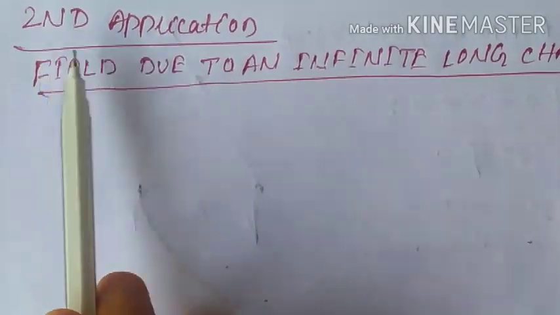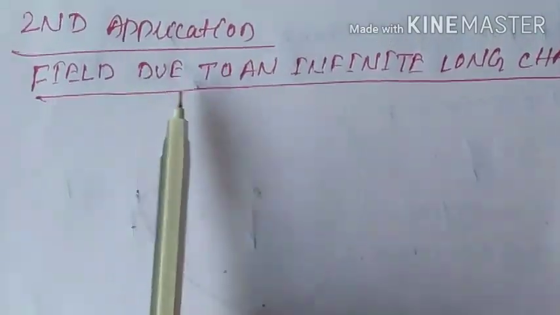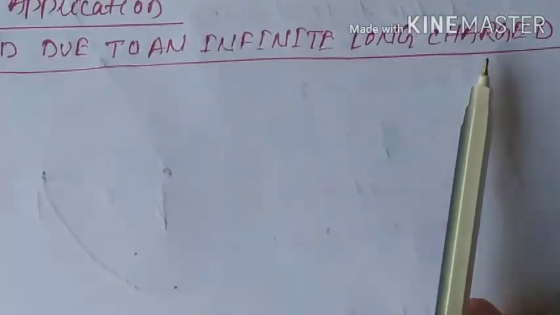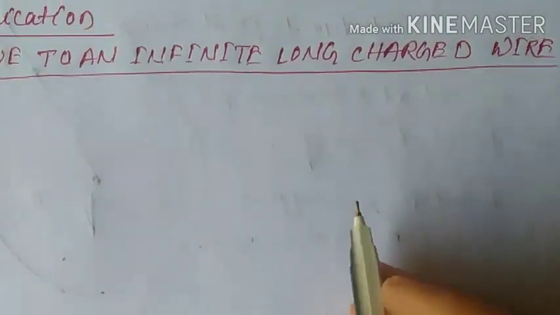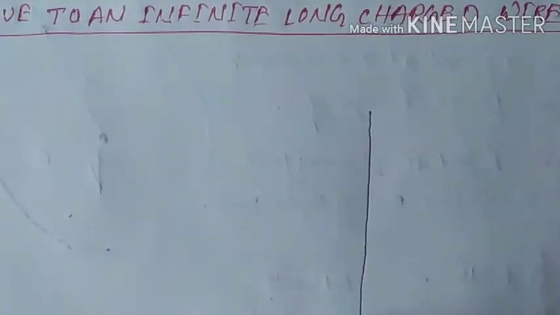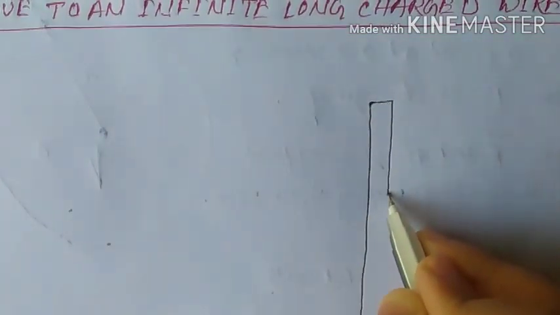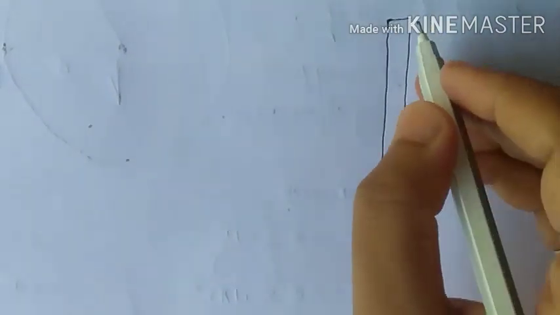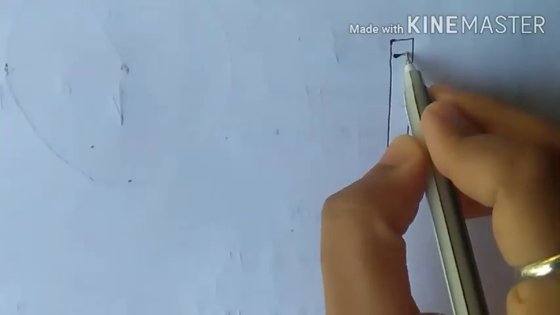Now we will see our second application, that is electric field due to an infinitely long charged wire. So for that, let us take a thin infinitely long straight wire, having a uniform linear charge density lambda.